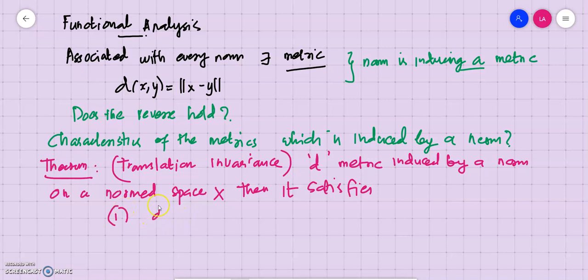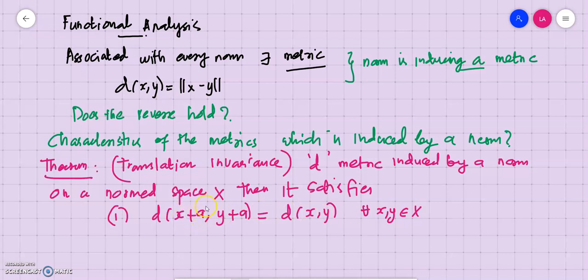The first condition is d of x plus a, y plus a is equal to d of x, y for all x, y belonging to X. That is, if you translate the position of x and y by a distance a, then the metric is the same as at x, y.